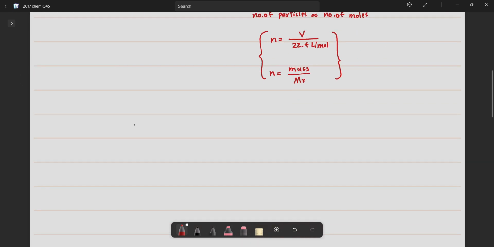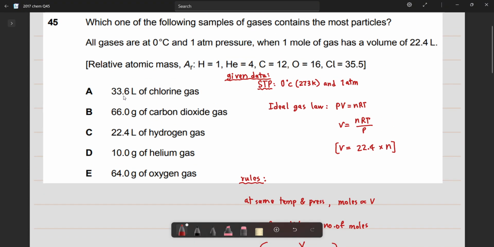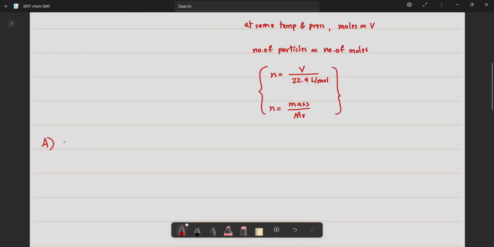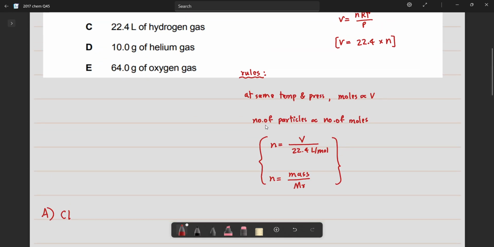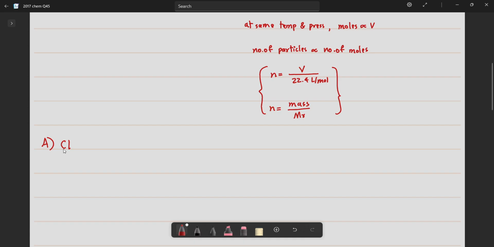For option A, we're given 33.6 liters of chlorine gas. We're going to convert this to moles, since the number of particles is proportional to the number of moles. To find moles, we divide volume by 22.4 when we are given the volume of the gas.